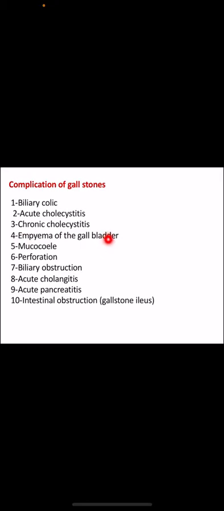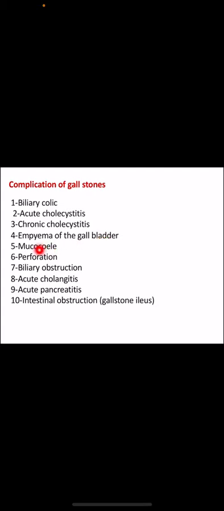If we have a stone impacted in the neck of the gallbladder at the cystic duct, it leads to formation of a pouch called the Hartmann pouch. Hartmann pouch is a pathological type of pouch. It's not an anatomical pouch, and this is due to impaction of stone in the neck of the gallbladder.